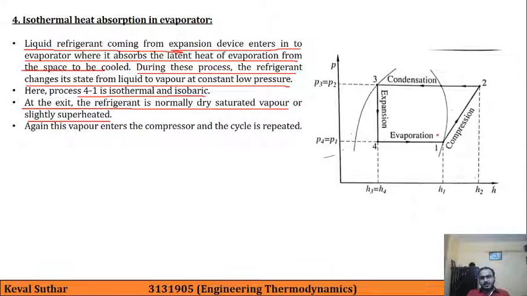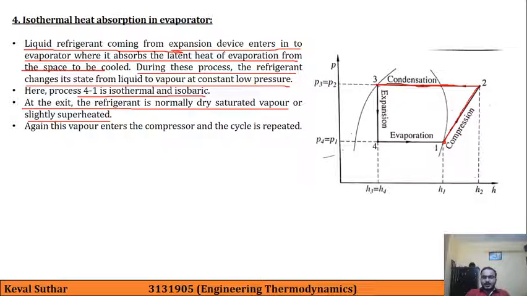Now let's discuss this pH diagram. Here we will again begin at point number 1, and this is the compression process, so enthalpy is increasing and pressure is increasing. The entire condensation process happens at constant pressure, so enthalpy is reduced because heat rejection is happening in the condenser.